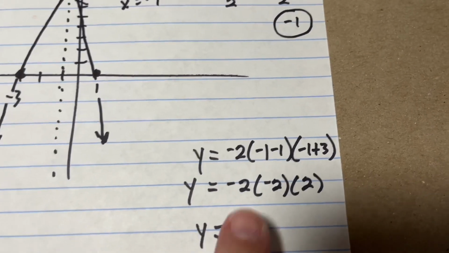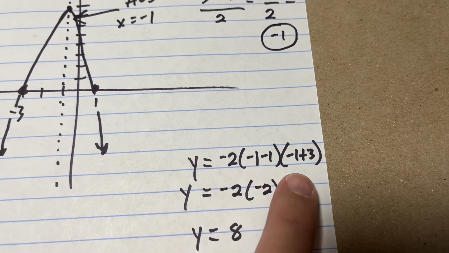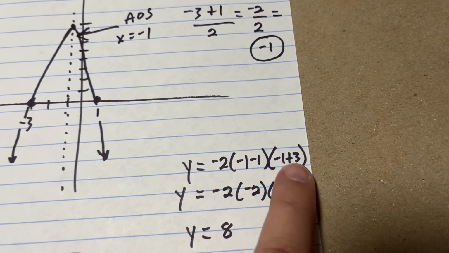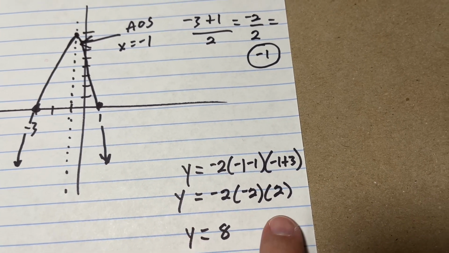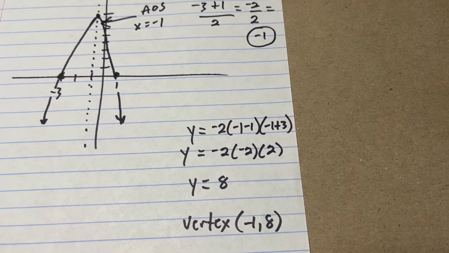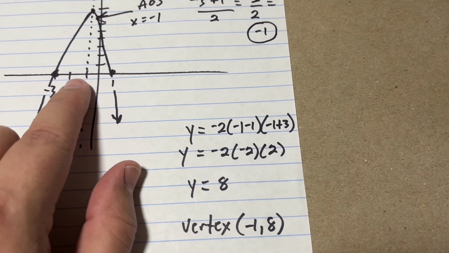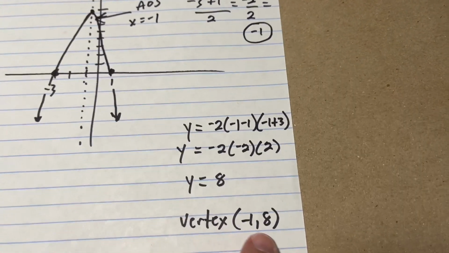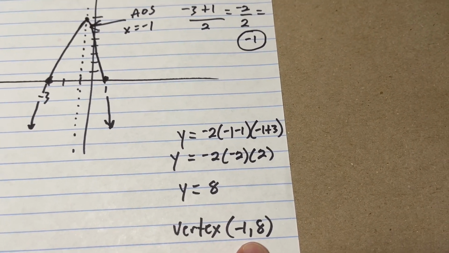If I put that in here, I'm putting -1 in x's place, there and there. Of course, that's -2, that's +2, and I multiply all those together, I get 8. So that's why the vertex is at the point -1, 8. So -1, +8. That's the vertex.